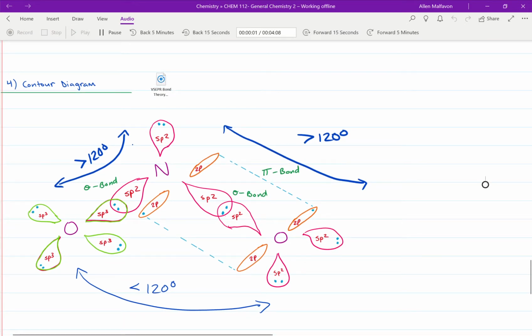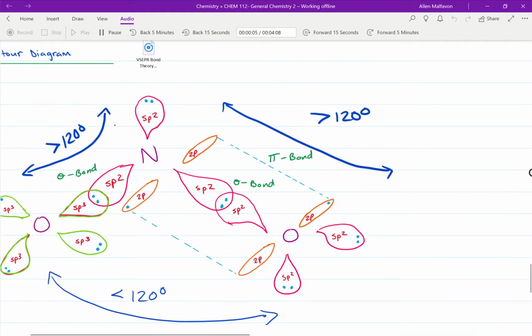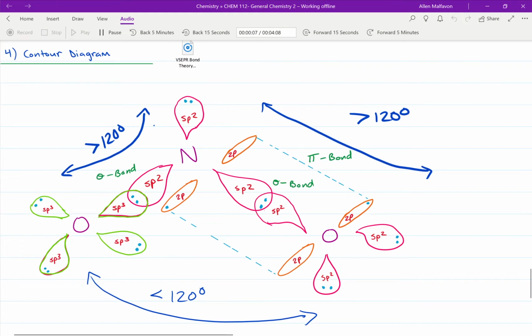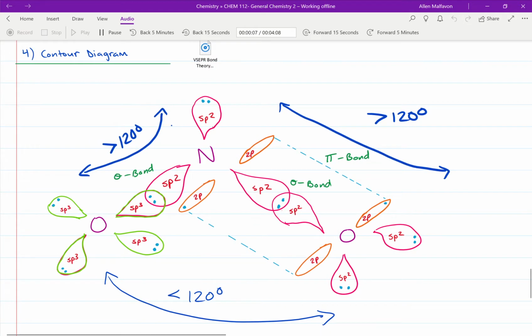Below I've included my drawing of the contour diagram for nitrite. We can see that I have arranged the atoms in a fashion that appears to be bent, as it is found in my Lewis dot structure. We have nitrogen in the center and 2 oxygen atoms to the left and to the right, with about a 45 degree inclination from nitrogen.